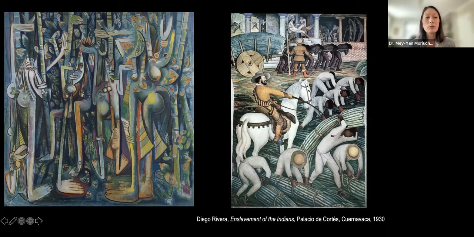And so, in comparing and contrasting, having students look at these two works side by side, we'll talk through the differences, which are many in terms of style. So we have the abstraction and fragmentation of forms on the left versus a more figural representational work on the right, a social realist work on the right.